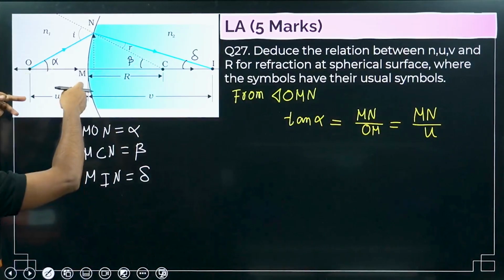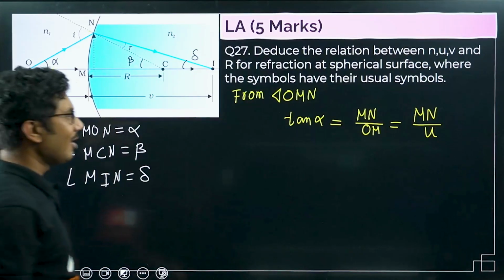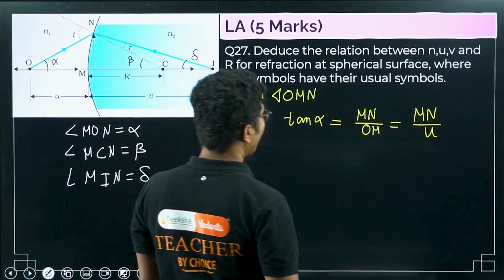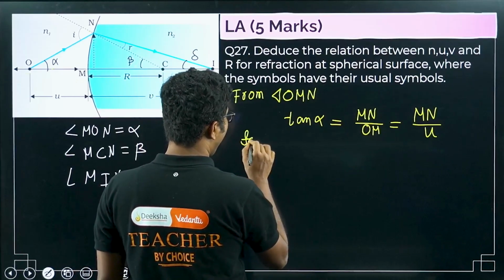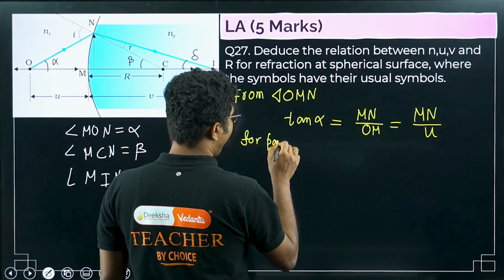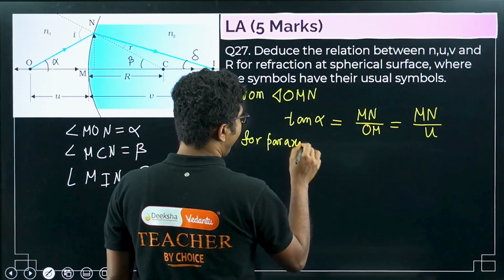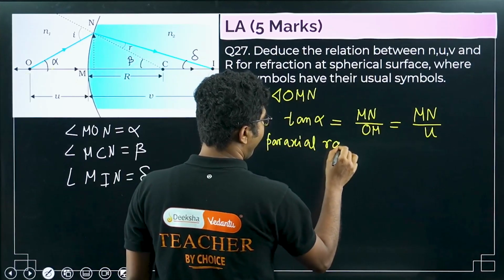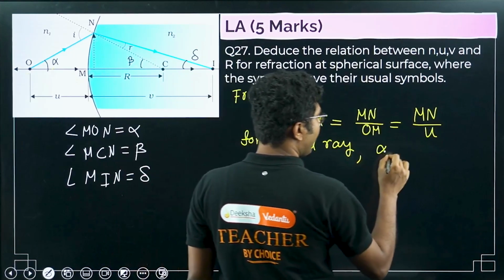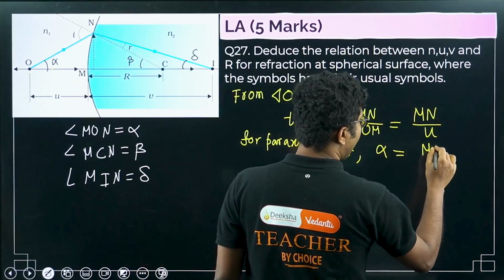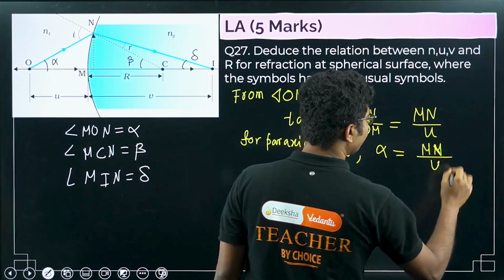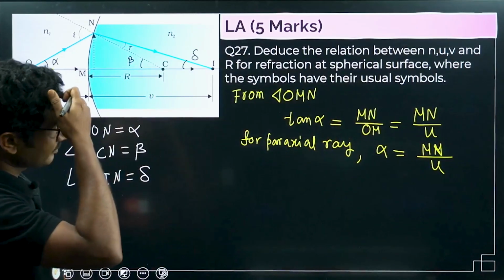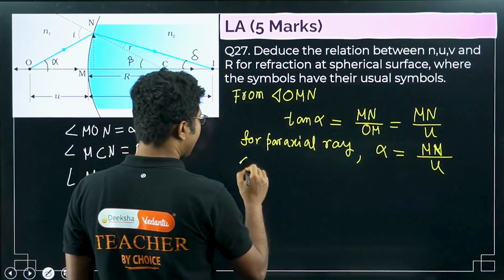As you can see, this is the object distance u. Now for a paraxial ray, alpha equals MN by u.